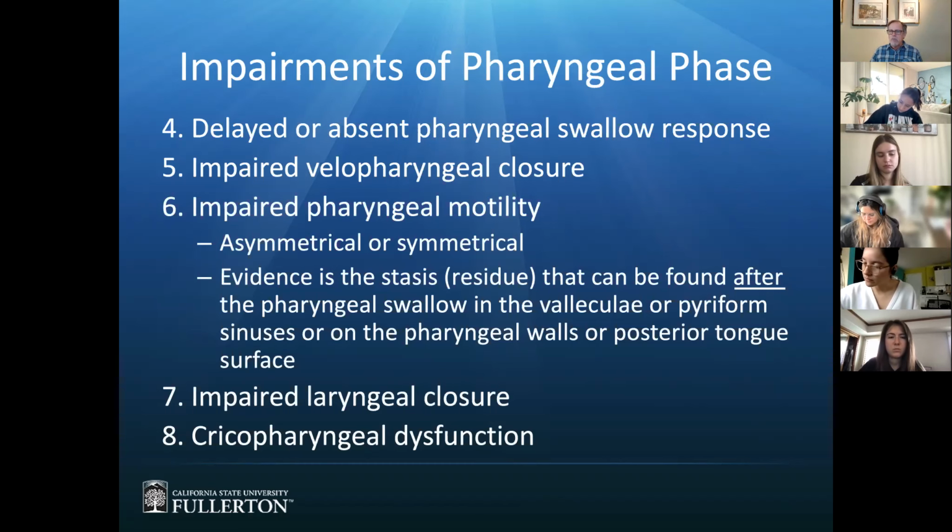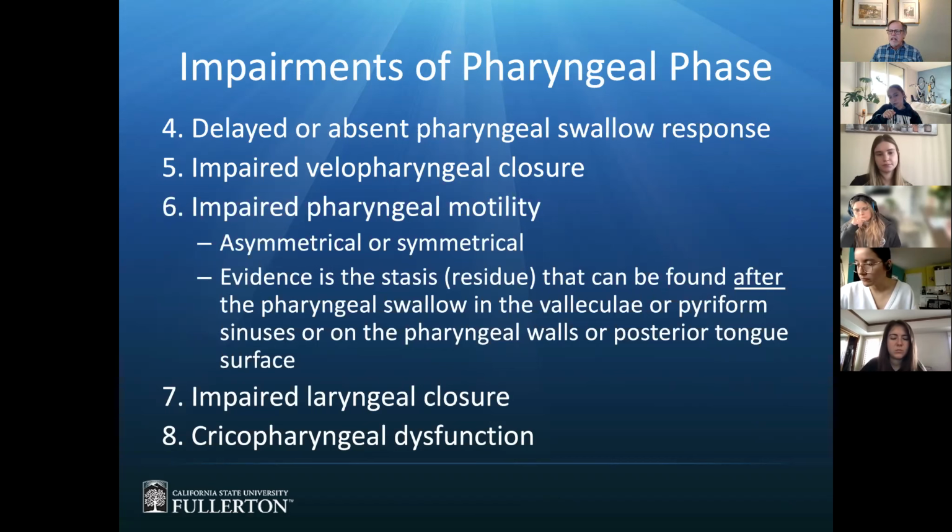So it's a series of relatively invariable activities that occur for the purpose of swallowing in the pharynx. Okay, it can be completely absent. In other words, you don't have one, which is obviously you're not going to be able to eat. I've seen people who had a stroke in a certain part of the brainstem that takes out their pharyngeal swallow response.